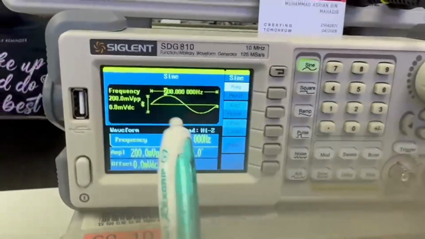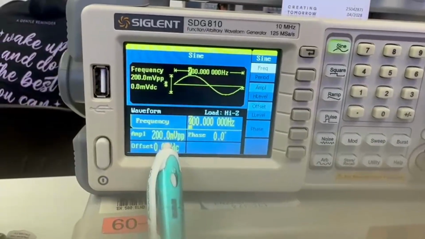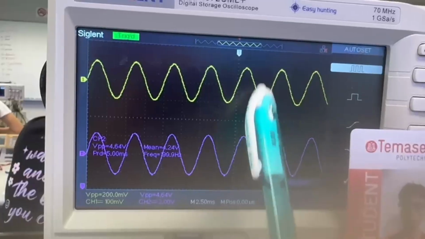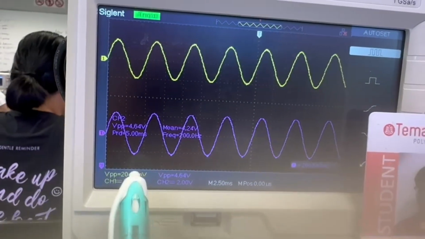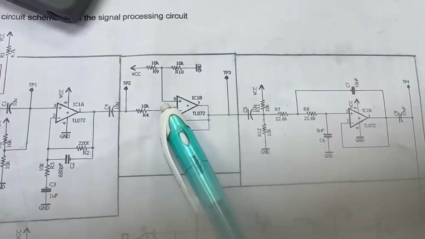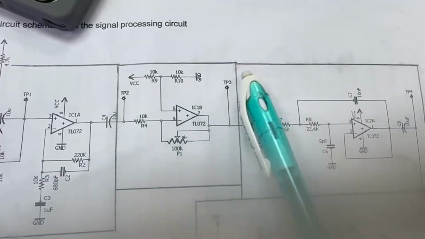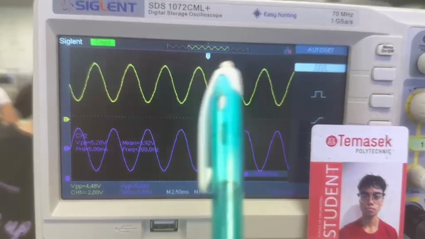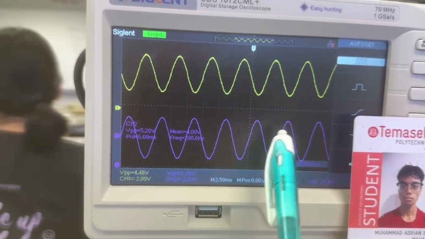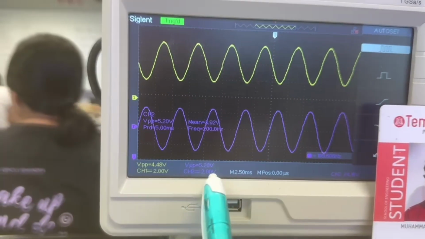Now we set the function generator to 200 mV at 200 Hz. From TP1 to TP2, channel 1 remained at 200 millivolts, while channel 2 increased to about 4.64 volts. Both waveforms remained in phase, confirming that the preamplifier continued to operate correctly at the lower input frequency.